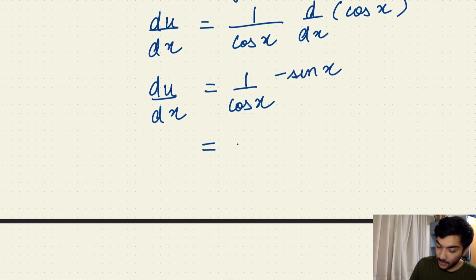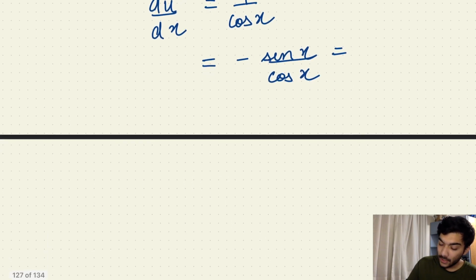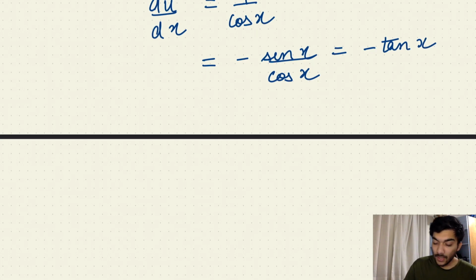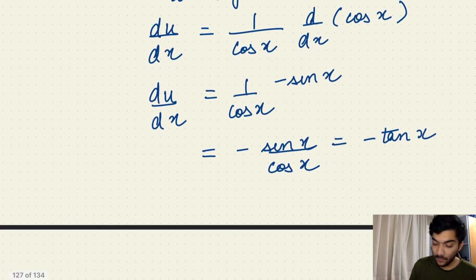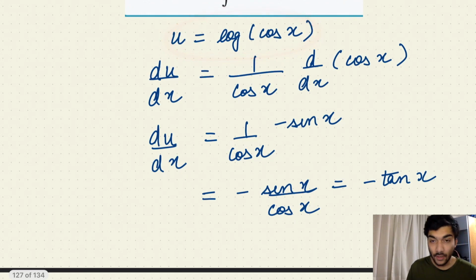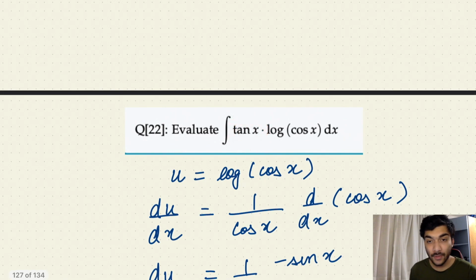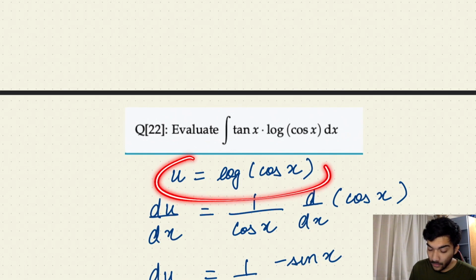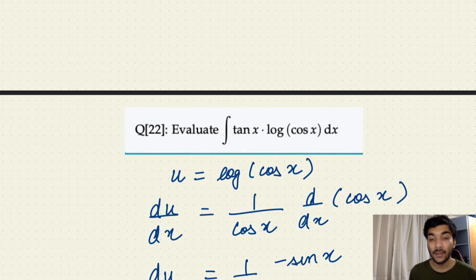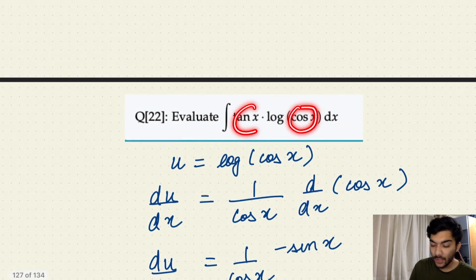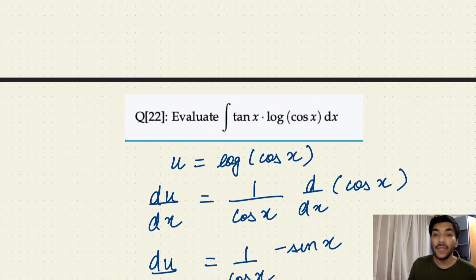If you simplify this down, it is minus sin x over cos x, which can also be written as minus tan x, right? So if we take the derivative of our u function, which we guessed as log of cos x, we get minus tan x, and we can also see a tan x expression over here. That gives me an idea that it's better to take u equals log cos of x as my correct guess rather than taking cos x or tan x, which will not help me a lot in order to solve this indefinite integral, right?